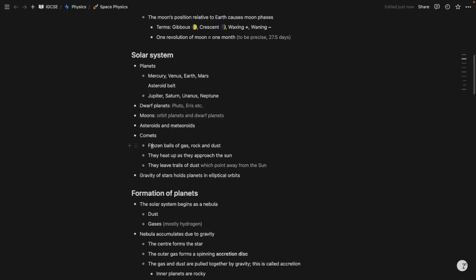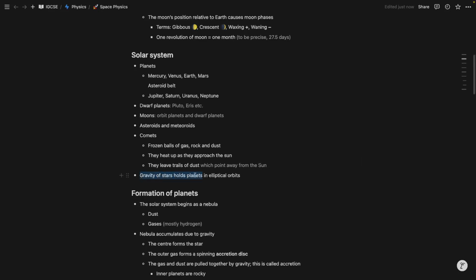Comets are basically frozen balls of gas, rock, and dust. They heat up as they approach the sun, and they let out traces of dust, which are actually visible a lot of times. They point away from the sun.